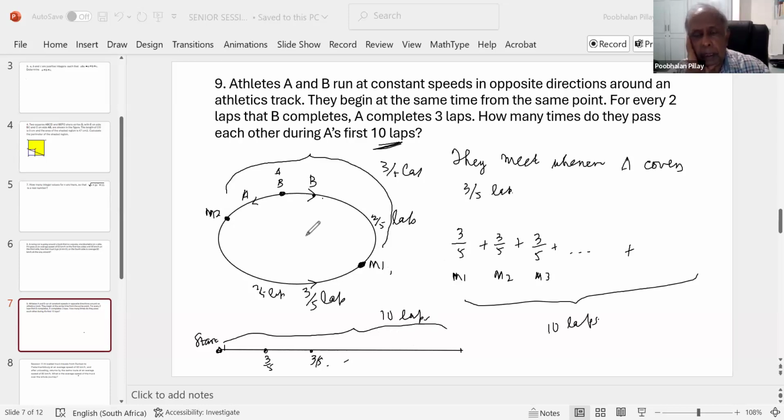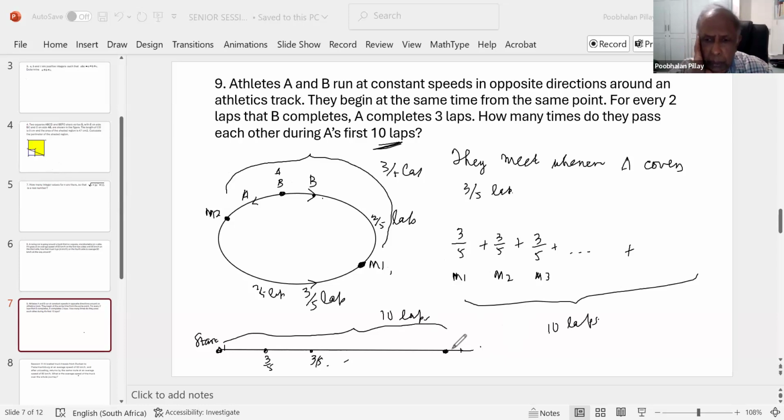So the question is, how many 3/5 are there in 10? Because we're adding all these, there'll come a point when it's just below 10, and after that they might cross their original meeting point, the starting point, again, and meet again after that.